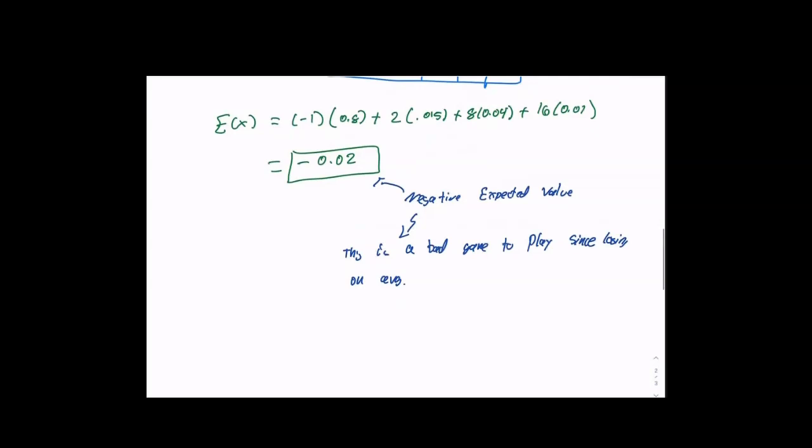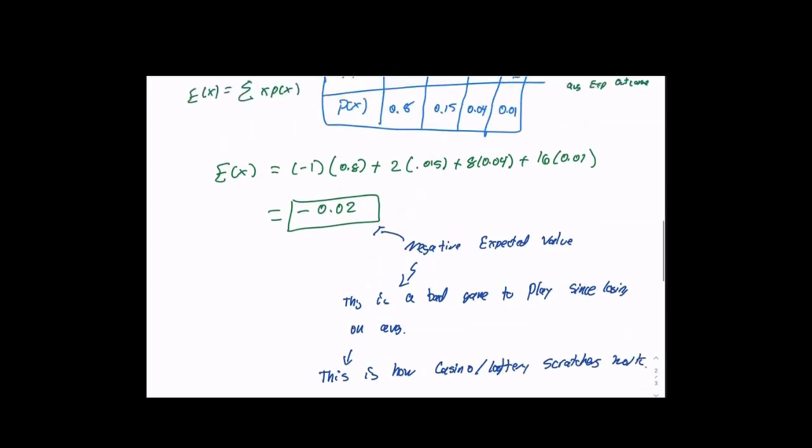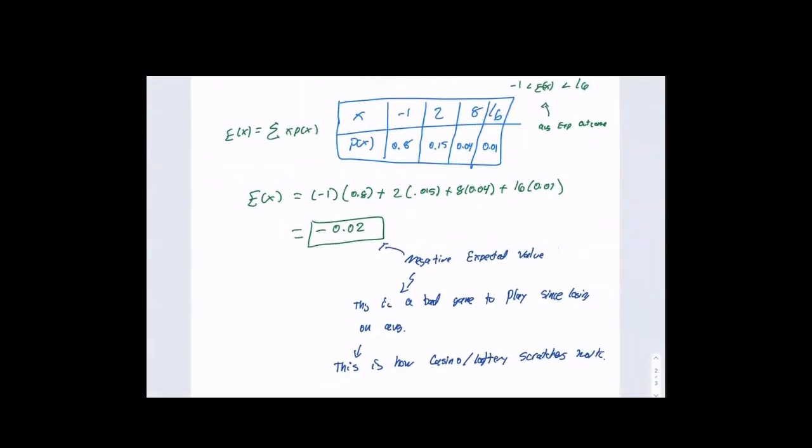And basically this is how casinos and lottery scratchers work. Most of it is a little bit more extreme. There's bigger prizes. But the chance of losing, most all of them lose, and you might lose like 90% of the time, and then you have the big rewards, and so they entice you with this.